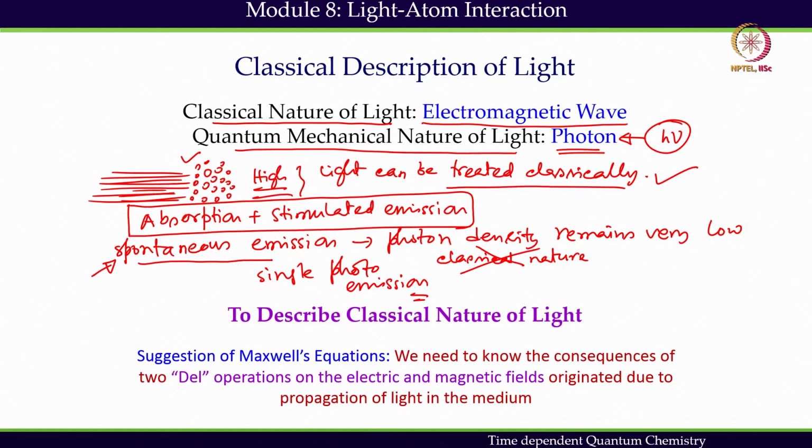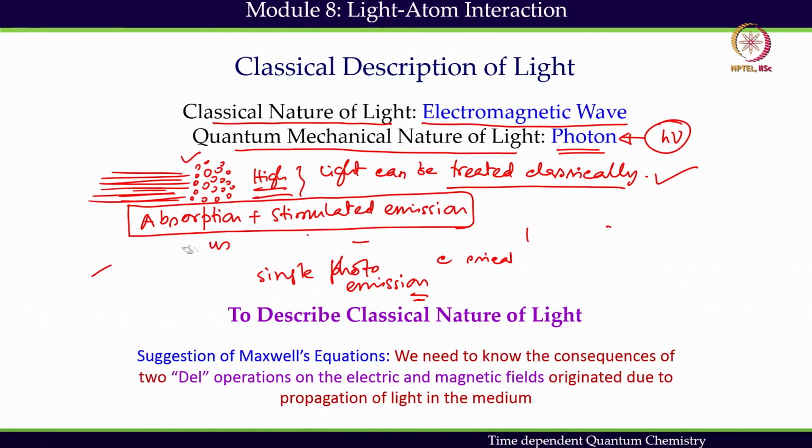When light with its classical nature propagates through a medium, the electromagnetic state of the medium changes. I will assume that the classical nature is valid for the description of the absorption and stimulated emission processes.